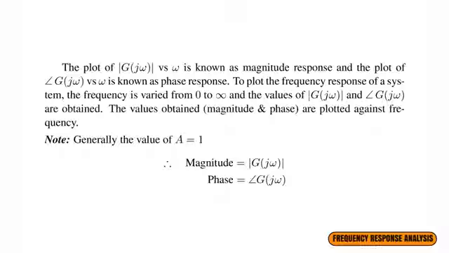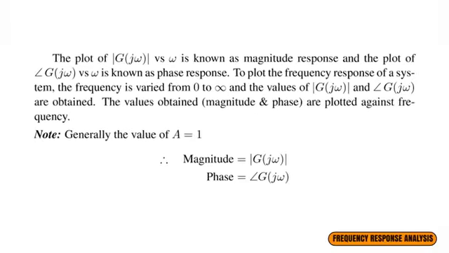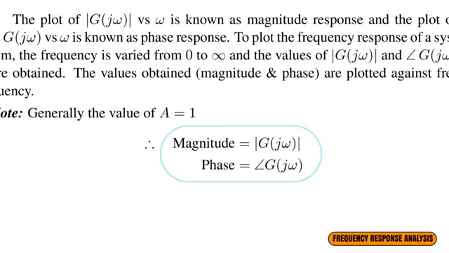The phase plot is the plot of the angle of G of j omega as omega varies from 0 to infinity, because the output is a function of modulus of G of j omega and angle of G of j omega. That's all. So frequency response is reduced to a plot of modulus of G of j omega and a plot of angle of G of j omega. The plot of modulus of G of j omega versus omega is known as the magnitude plot. The plot of angle of G of j omega versus omega is called the phase plot or phase response.